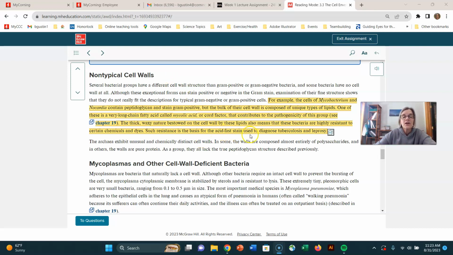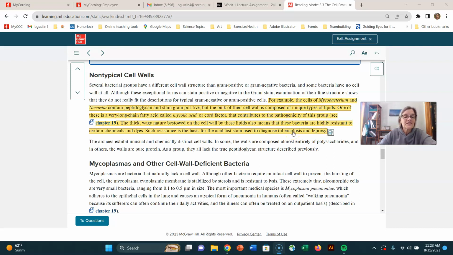And here we do what we call an acid-fast stain. The kind of bacteria for which we use an acid-fast stain are in the genus Mycobacterium. And Mycobacterium cause diseases like tuberculosis and leprosy. These are really bad diseases.